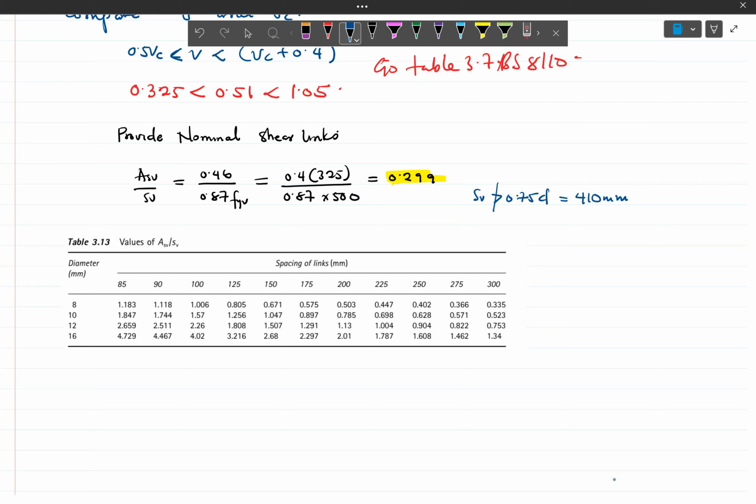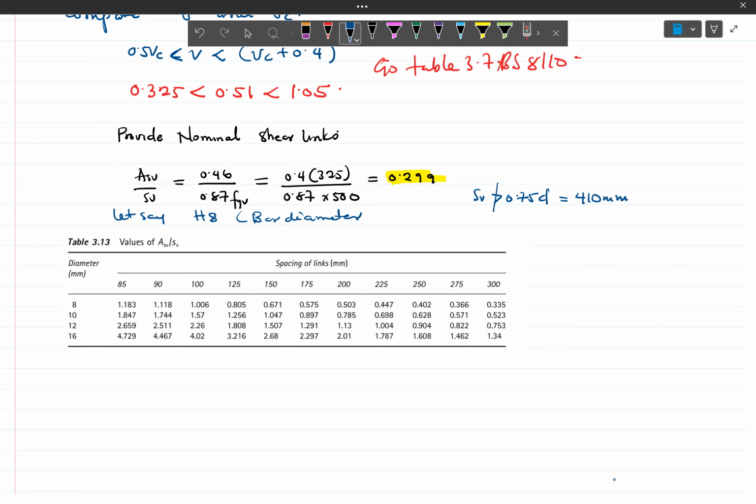Okay. So we come into this table. Let's say our bar diameter is 8. So H8, which is bar diameter.